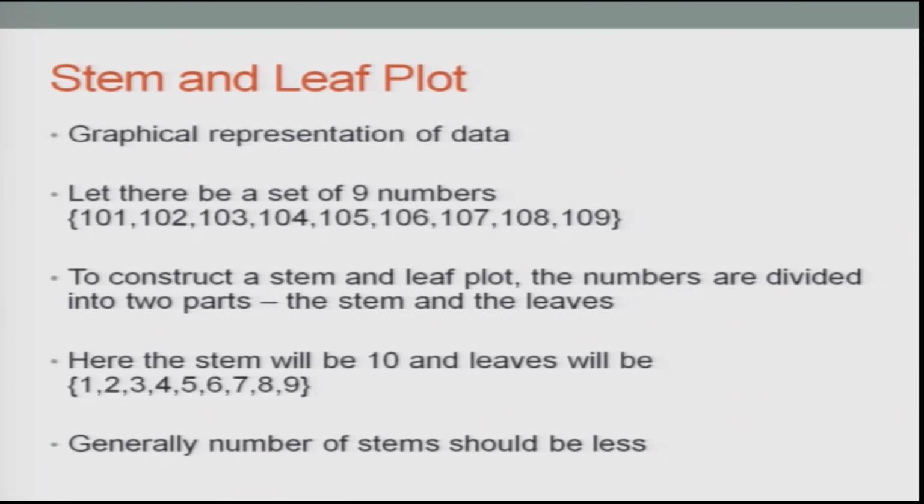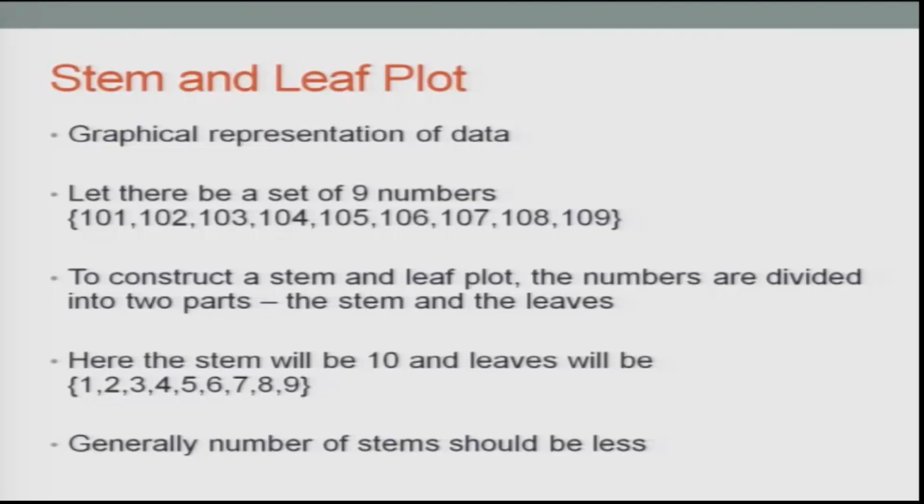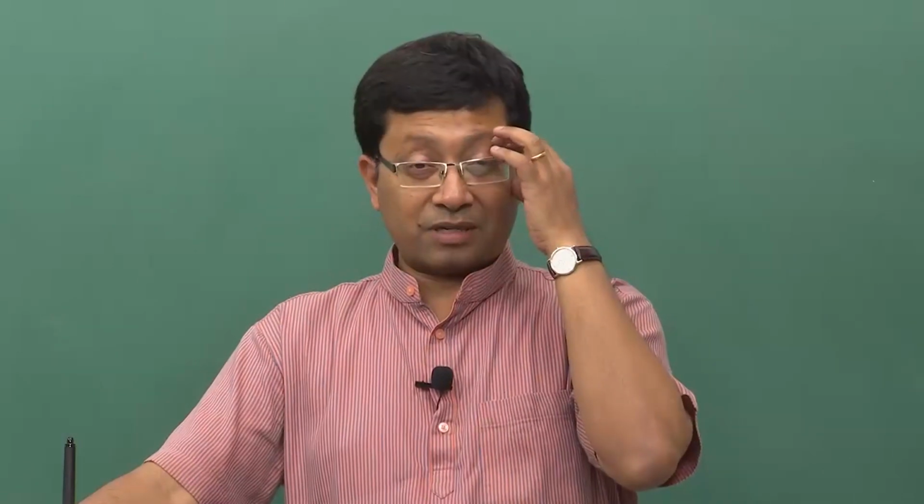So, stem and leaf diagrams are basically a graphical representation of the data in numbers. Let there be a set of 9 numbers, starting from 101, 2, 3, 4, 5, 6 and so on. To construct a basic stem and leaf, think of the stem and leaf of a plant or a tree: the main branch has different stems and leaves coming out.